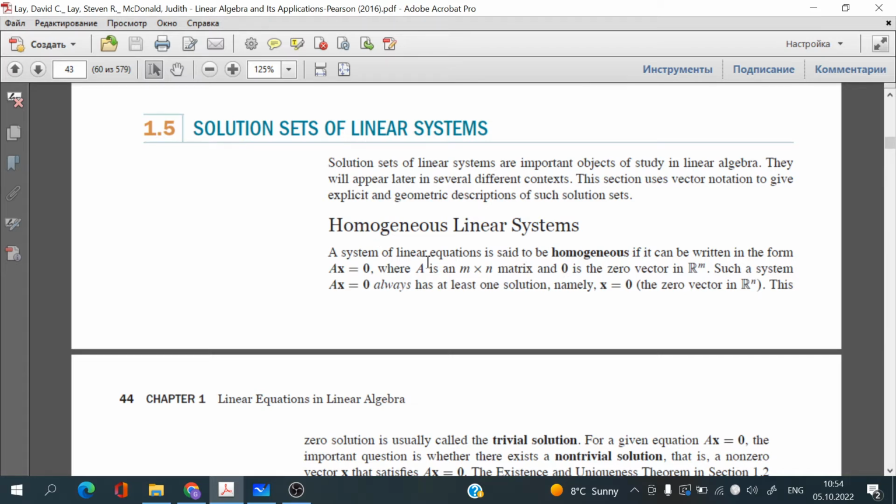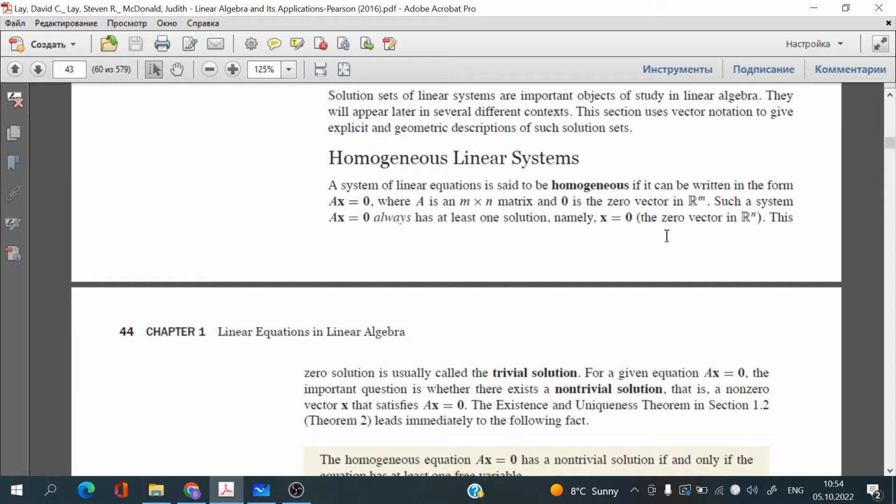Let me remind you. A system of linear equations is said to be homogeneous if it can be written in the form Ax = 0, where A is an m by n matrix and 0 is the zero vector in R^m. Such a system always has at least one solution, namely x = 0, the zero vector in R^n.